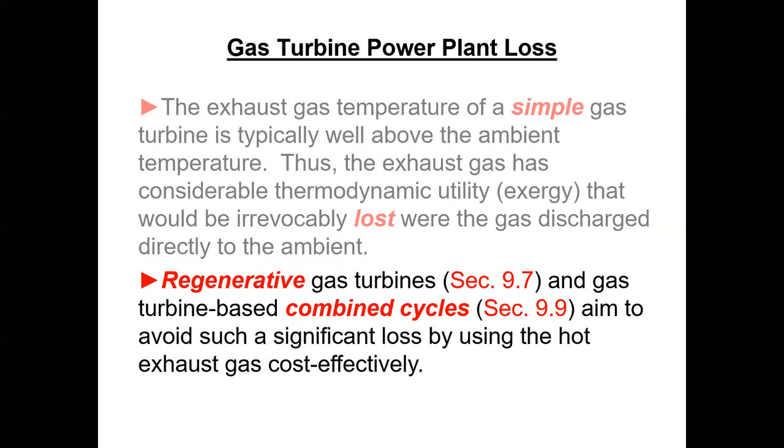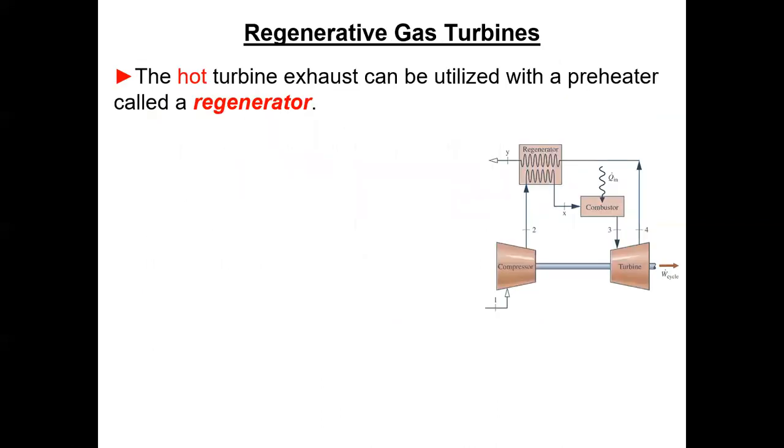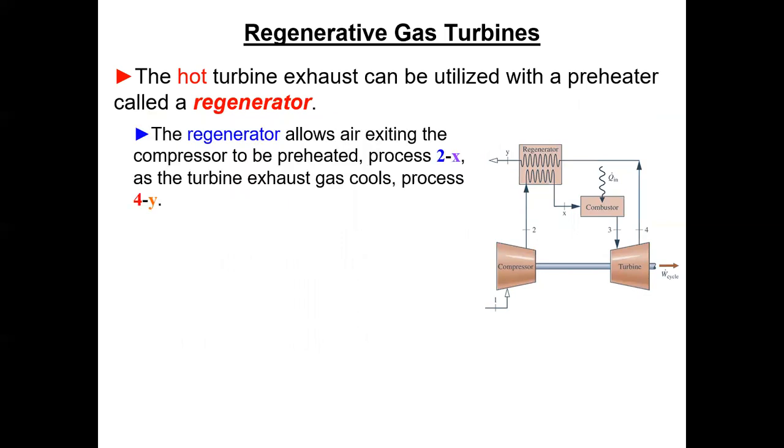So we've got two possibilities to use this, maybe combinations of this: regenerative gas turbines and combined cycles. So let's look and see. A straight regenerator is just a heat exchanger, and it's pretty simple.